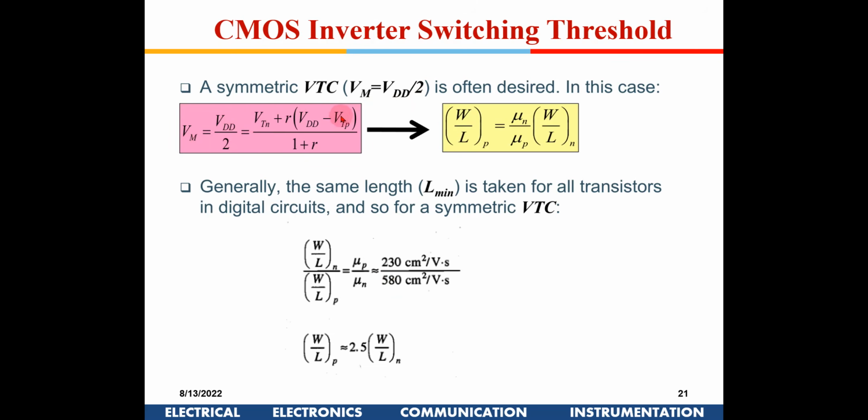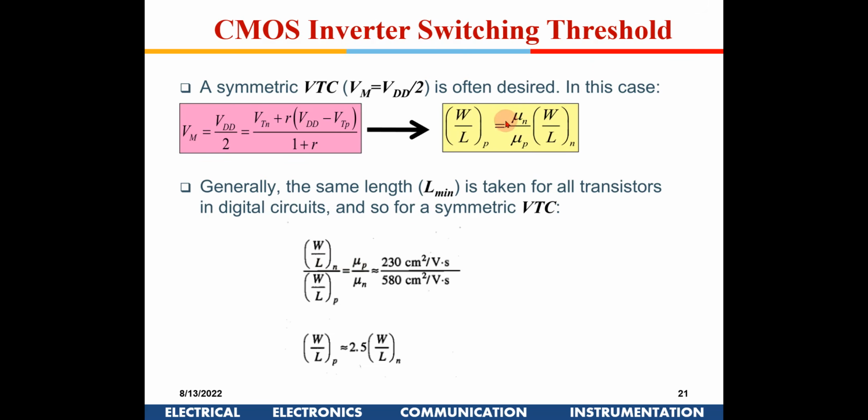First, VTN and VTP should be the same, and that is generally the case for most technologies, where they are kept the same by the fab. But R is a design parameter, because R is the root of Kp by Kn. This has to be 1, that is R equal to 1. This is the condition to be met. But mu n and mu p are not the same, right?